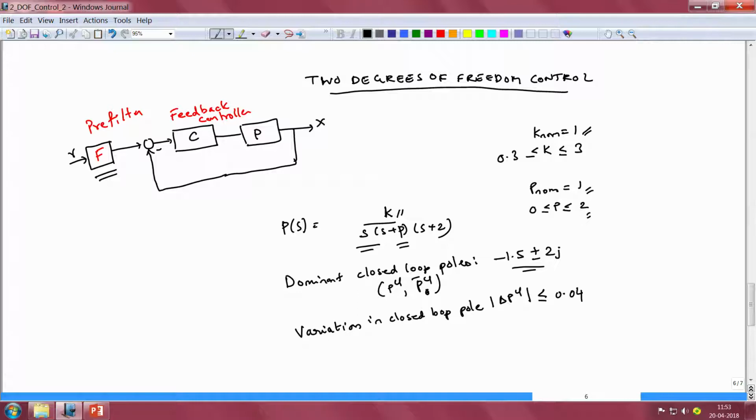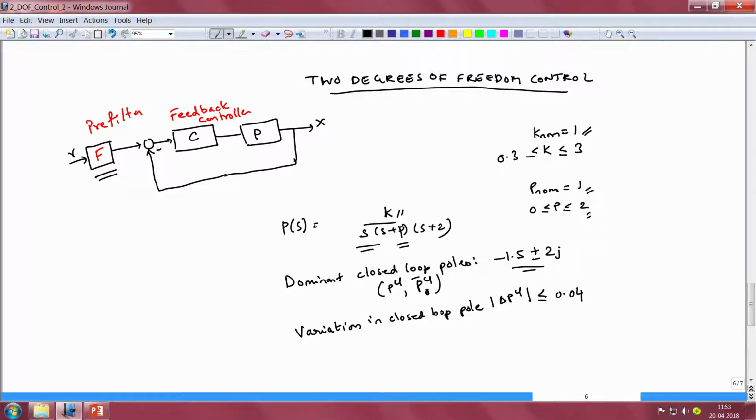And the third specification is that the variation in the closed loop pole, which would necessarily happen when the plant's model changes either due to uncertainty in the gain or due to uncertainty in the pole location, should be within 0.04 units. And this specification is identical to the one that we had considered in the previous lecture when we had uncertainty only in the pole position.